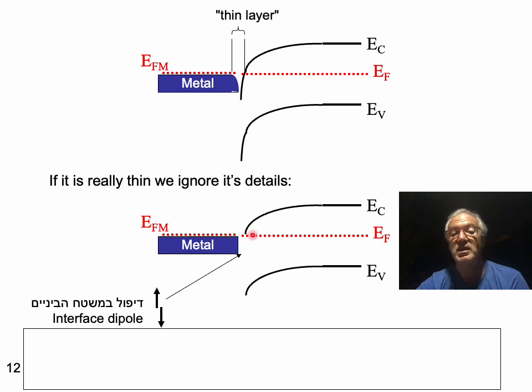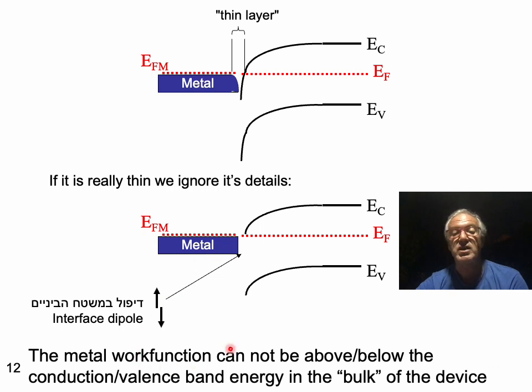And basically this dipole, or these charges, pin the contact at the conduction band. So really the contacts effectively cannot be outside the bands. And we'll talk further down the course, they usually are even pinned lower than that, even if there are no special defects at the contact itself.